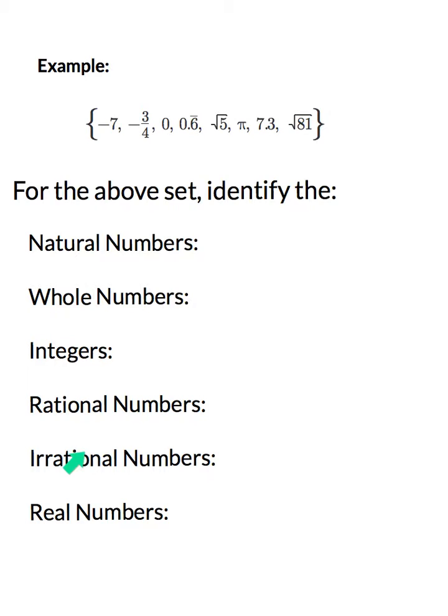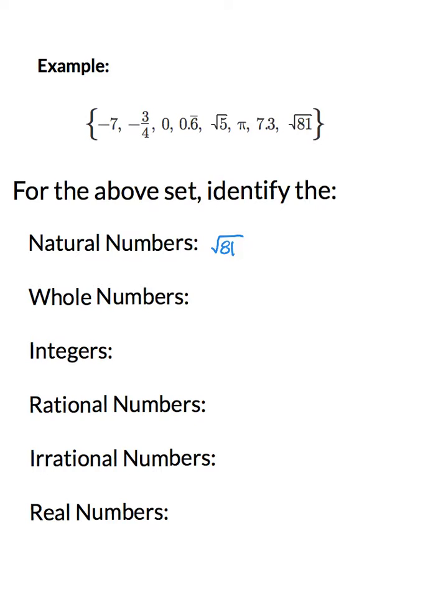So, for instance, if we want to start with the natural numbers, you may be thinking that none of these look like natural numbers, but remember we want to consider ones that simplify to a natural number. For instance here, square root of 81. The square root of 81 is equal to 9. And since 9 is a natural number, the square root of 81 is a natural number.